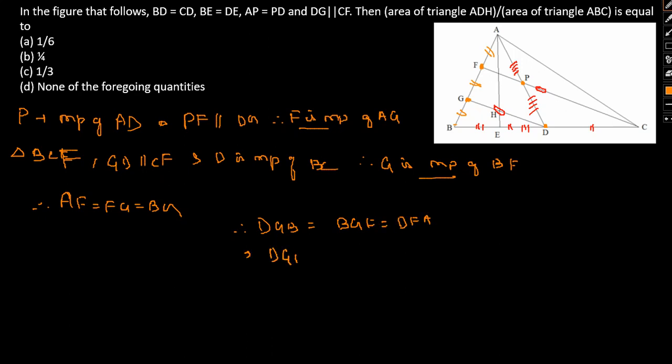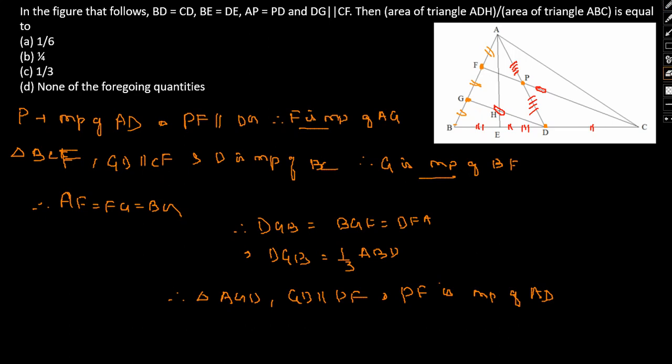Therefore DGB will be equal to 1 by 3 of ABD. Therefore in triangle AGD, GD is parallel to PF, and P is the midpoint of AD.